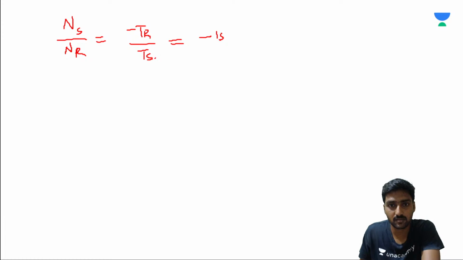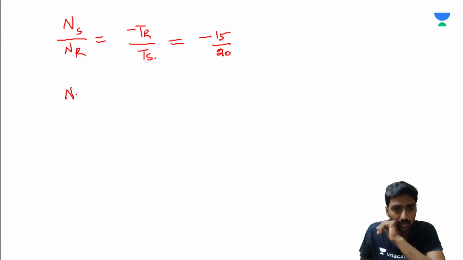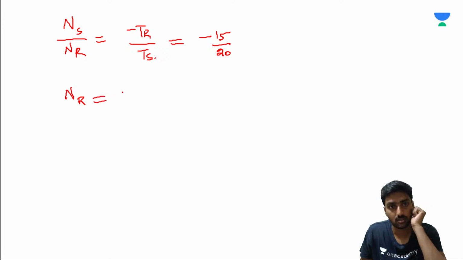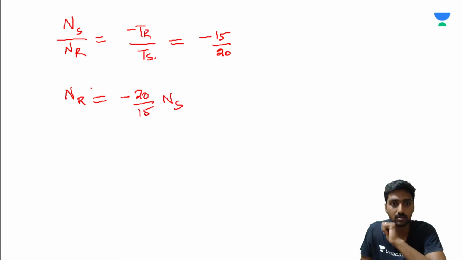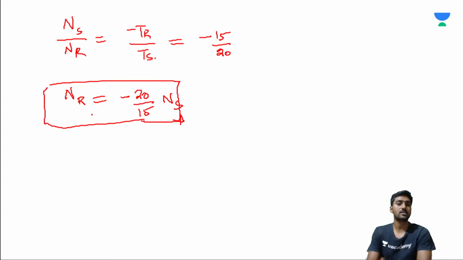Now nR is equal to minus 20 divided by 15 into nS. It's in the speed ratio, right? Yes or no, is it clear?